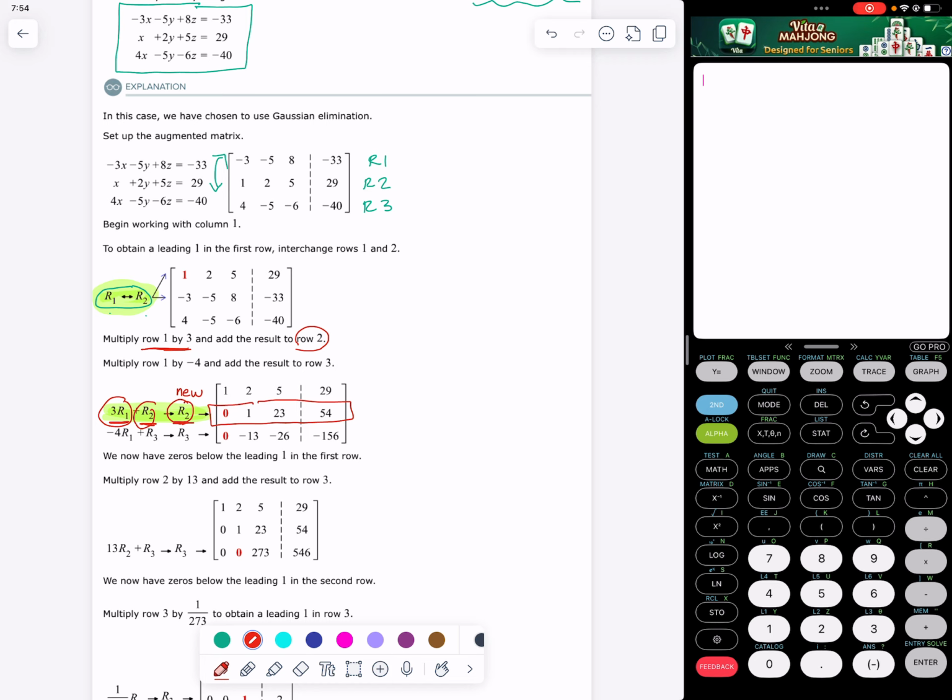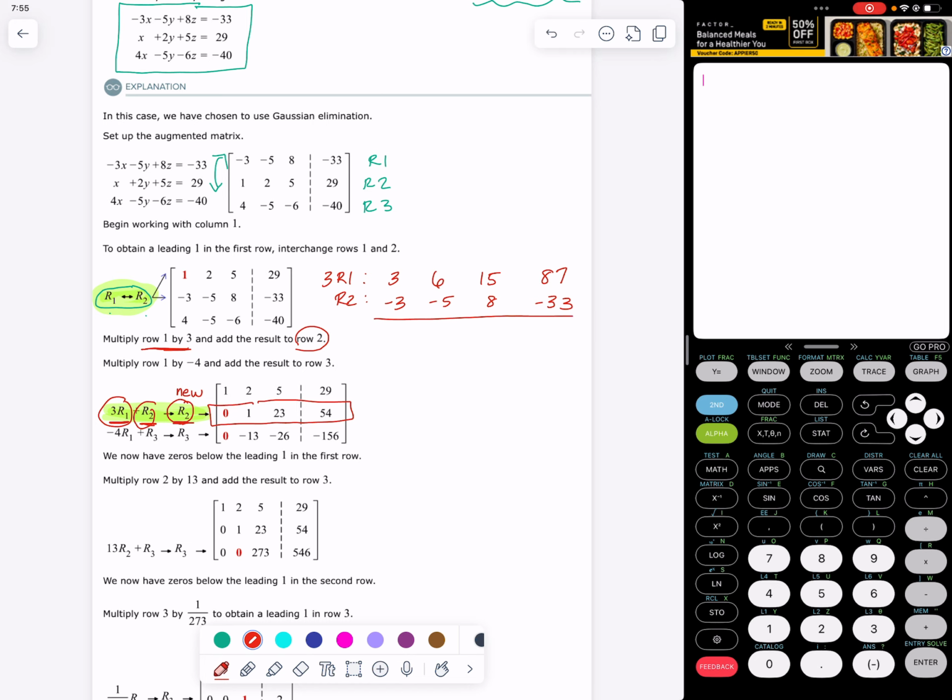So let's go ahead and do that over here. 3 times row 1 is actually 3, 6, 15, and 87. And now we have row 2, which is -3, -5, 8, and -33.